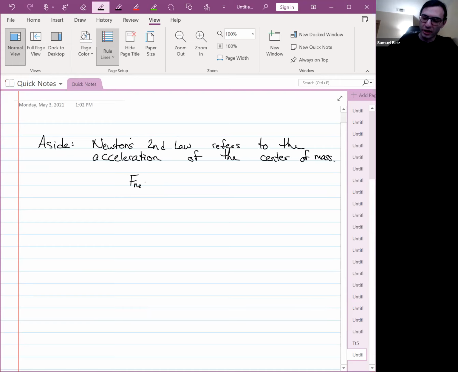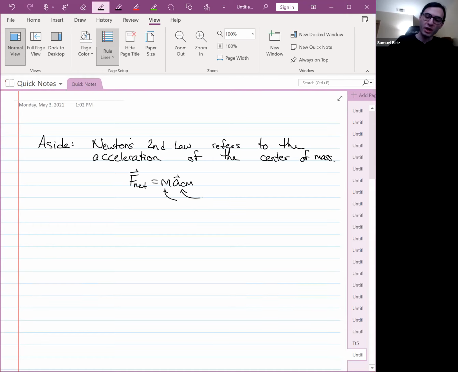So something like F net equals ma Cm. Now, importantly, this m is the total mass of the system, and this a Cm is the center of mass acceleration of the system. And so that is to say, we can use Newton's second law equally well for single objects, like a single particle, as we can for complicated systems.